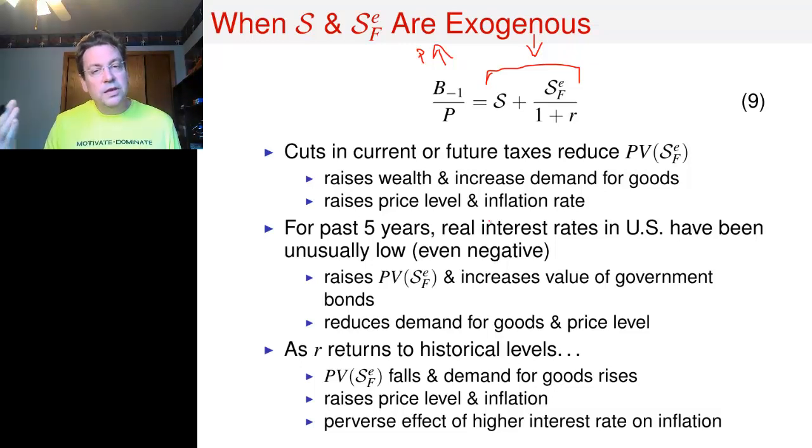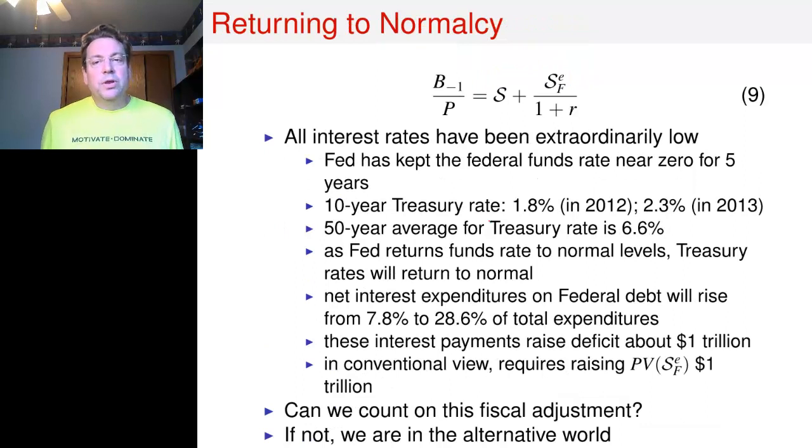So what you should see here, if you think about monetary policy as raising interest rates in order to reduce inflation, this is an environment when these surpluses are exogenous, where raising interest rates actually raises inflation.